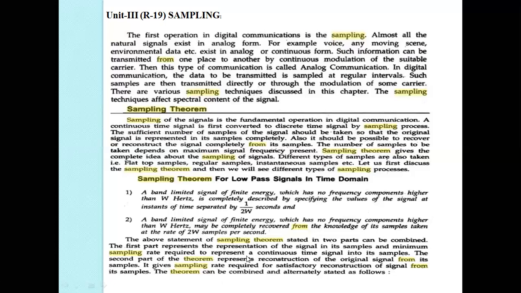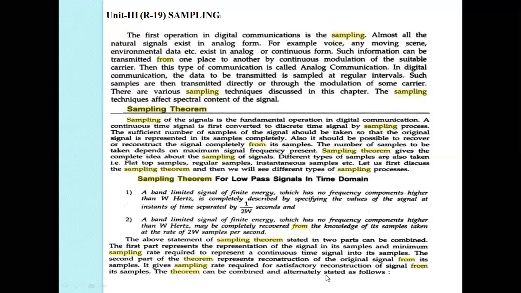The second part of the theorem represents the reconstruction of the original signal from its samples. It gives the sampling rate required for satisfying the reconstruction of the signal from its samples.